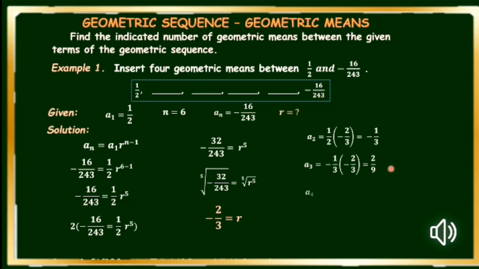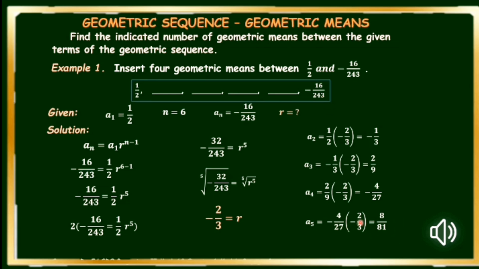And to get the fourth term, again, we multiply 2 over 9 by the common ratio. So 2 times 2 is 4, 9 times 3, 27. Positive times negative, negative. Therefore, for the last term, or the last geometric mean that we're looking for, a sub 5, this is a sub 4, -4 over 27, times the common ratio again, that is positive 8 over 81.